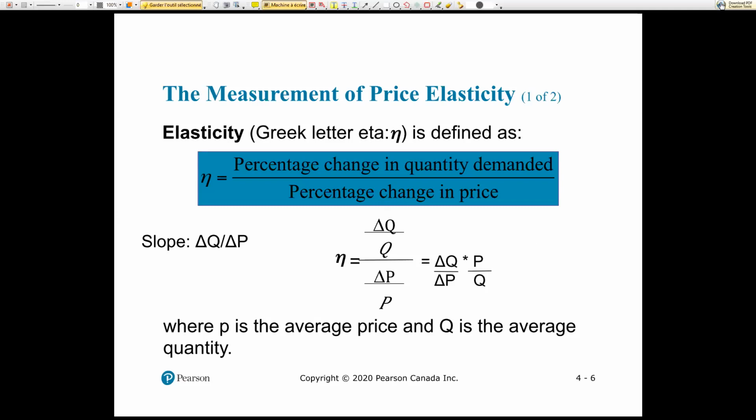I think so, yes. So usually what they're going to say here, since delta Q may be large, is delta Q is Q at the end minus Q at the start, and then Q is an average of the two.